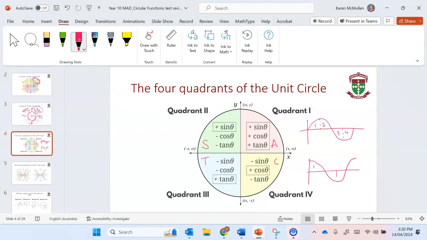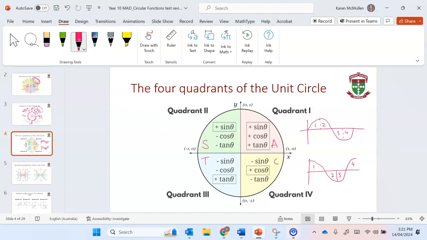So there's quadrant 1, quadrant 2, quadrant 3, and there's quadrant 4. So you can see quadrant 1 and 4 above the x-axis, so positive. So that's why cos is positive in the fourth quadrant. And then for quadrants 2 and 3, it's below the axes. So that's why cos is negative in the second and the third quadrant.